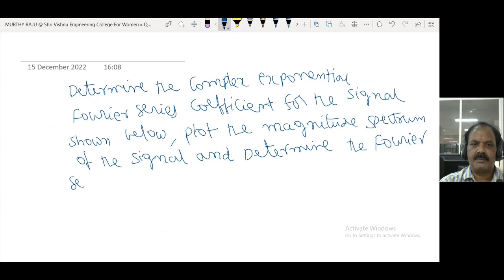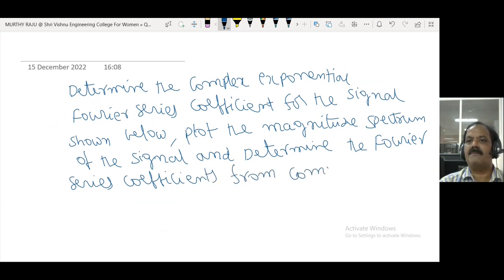Fourier series coefficients from the complex exponential Fourier series coefficient.